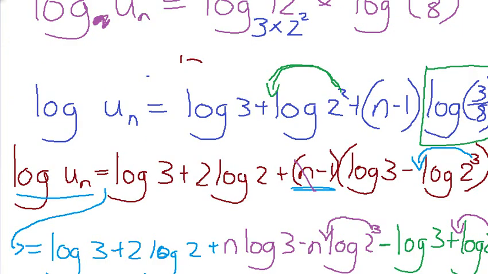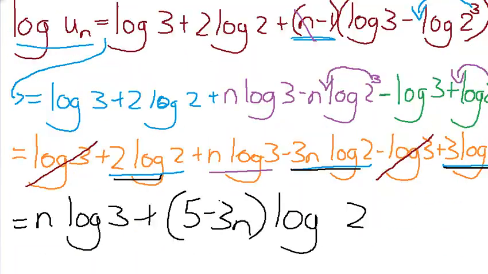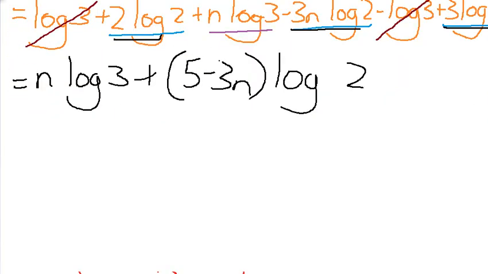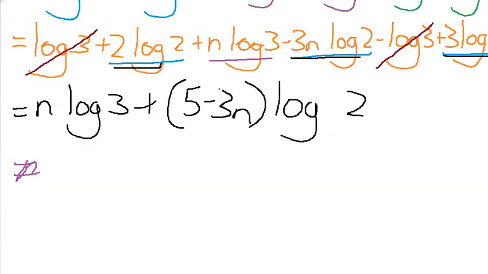So let's check the form that they want it. We've got n log 3, which we have, and then they have it the other way around. They have minus 3n minus 5 of log 2, which is the same as what we've got, but we've just written it out without so many minuses in it, which we're perfectly allowed to do. Actually, I'm going to bring that back, remember I got rid of this log of u n.